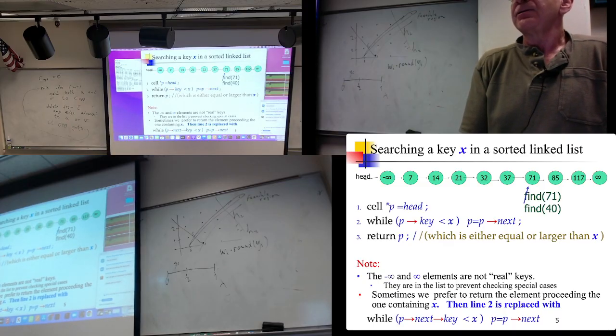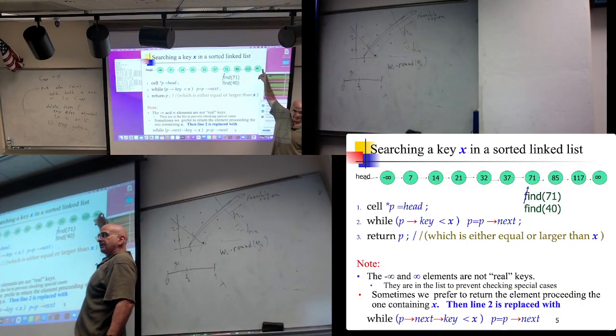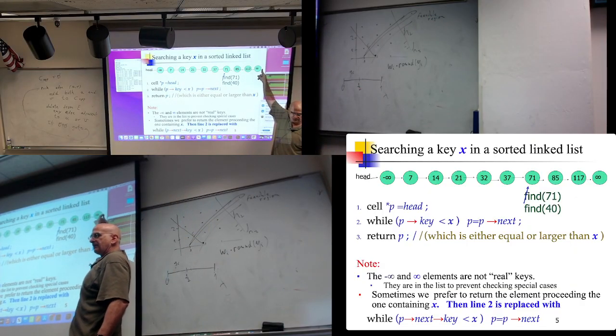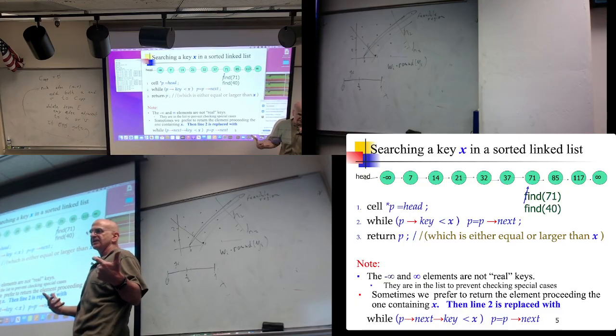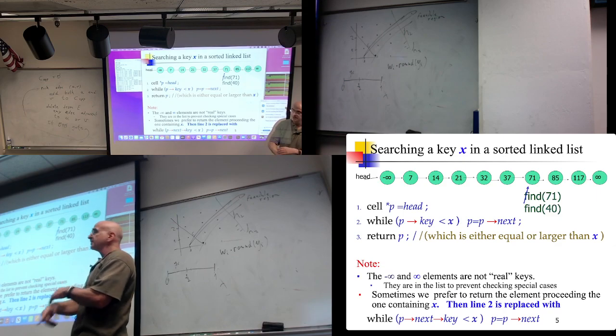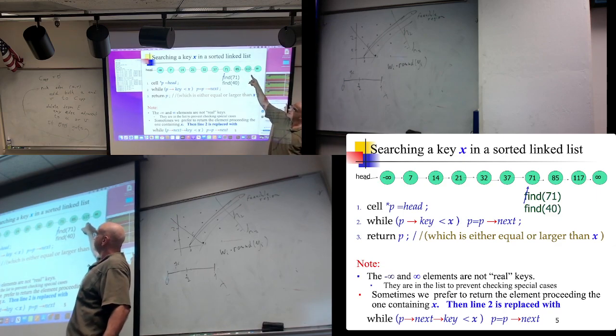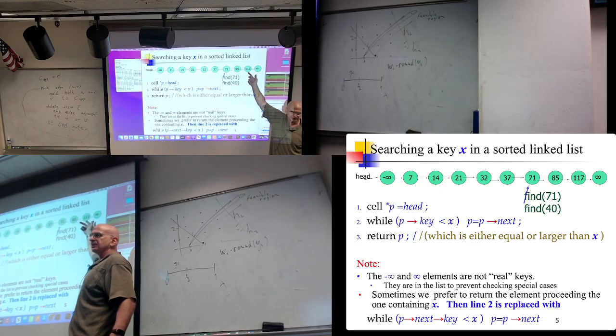It's very convenient to add minus infinity at the beginning and infinity at the end: one element with a very small key and one element with a very large key that are not part of our set. Why? Because otherwise, if you want to delete or insert elements, and the elements that we are inserting or deleting are the very first or very last elements, they need some special treatment.